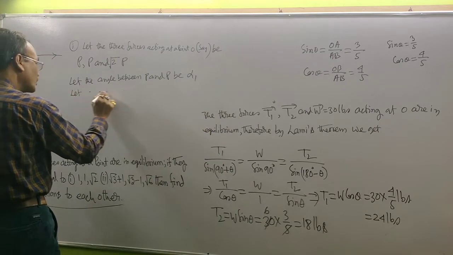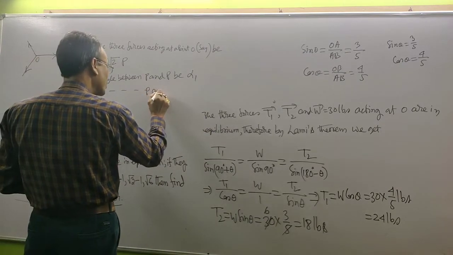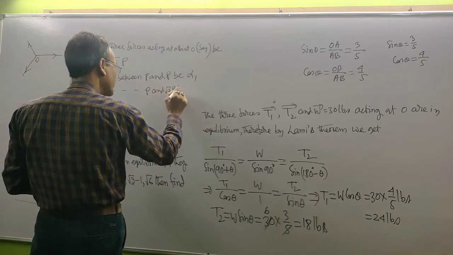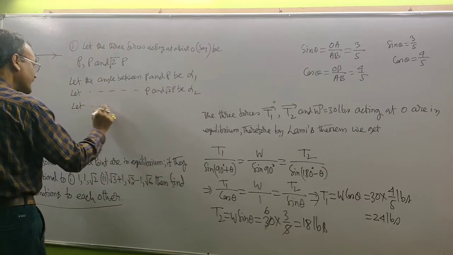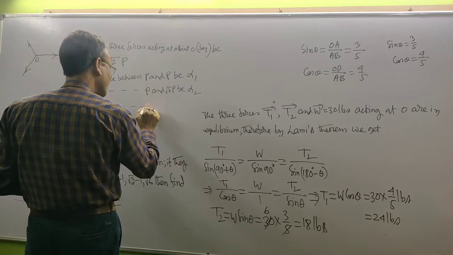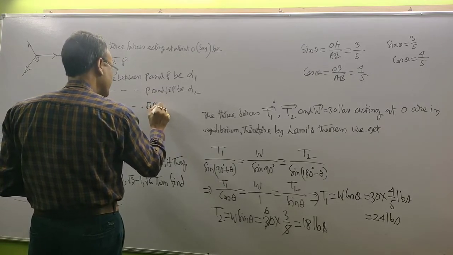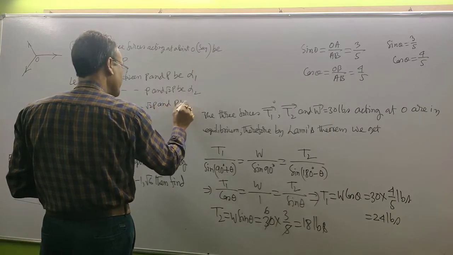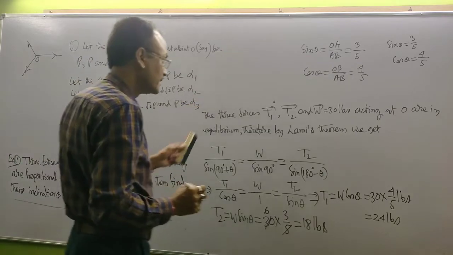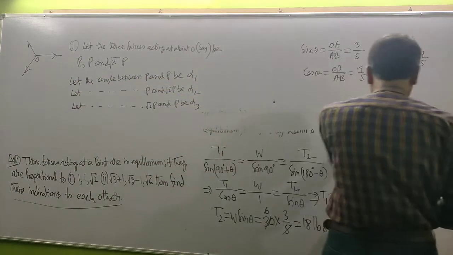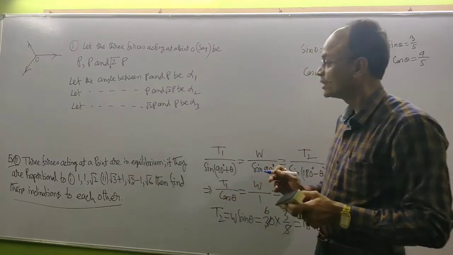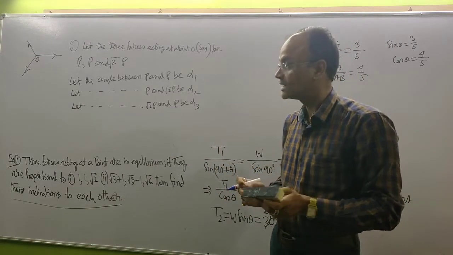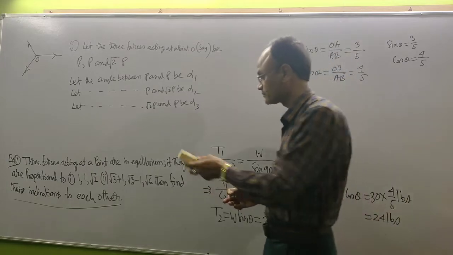Let the angle between P and root 2P be alpha 2. Let the angle between the forces root 2P and P be alpha 3. We have to find the values of alpha 1, alpha 2 and alpha 3.